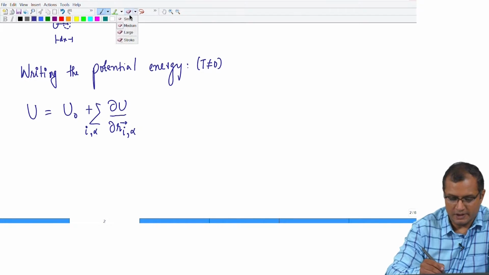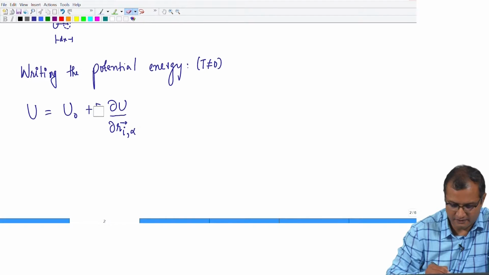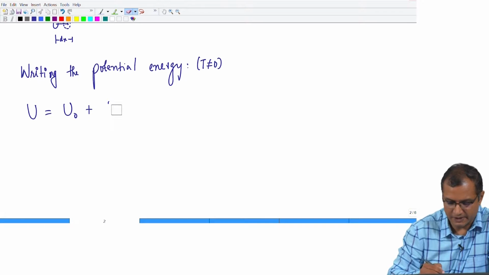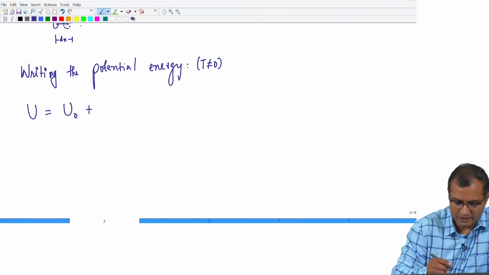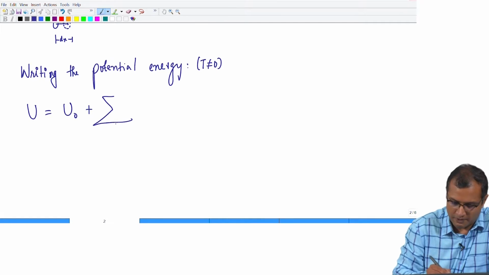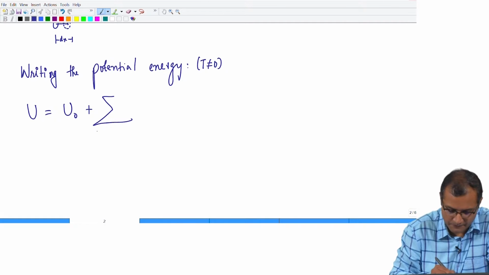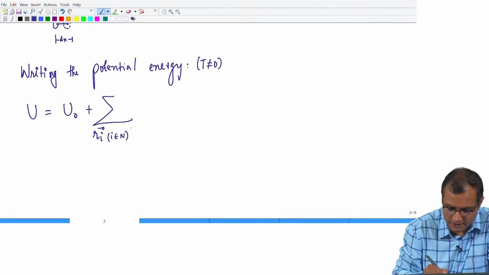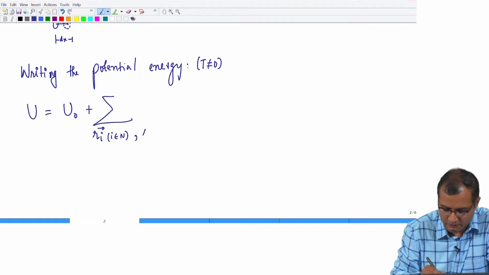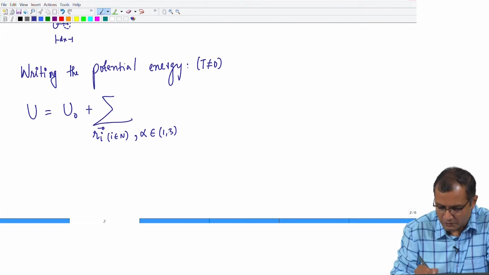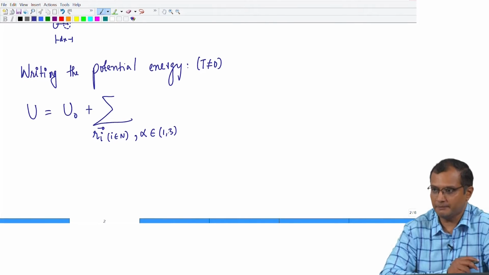So, let me just write it in a way that makes things much more clear. So, I am going to sum over all particles. Okay. So, Ri such that i belongs to n, and I am going to sum over all alpha which belongs to 1 2 3, okay.